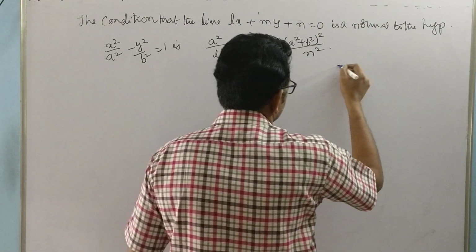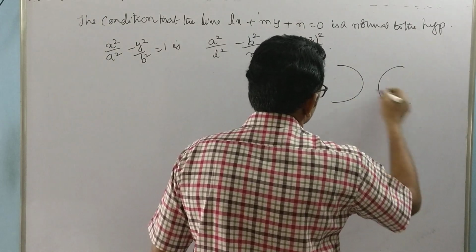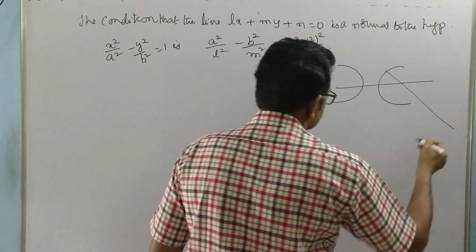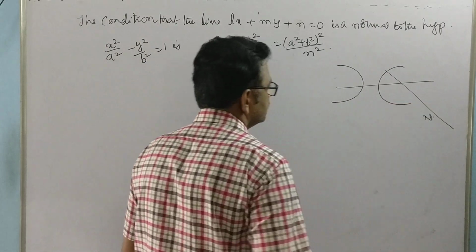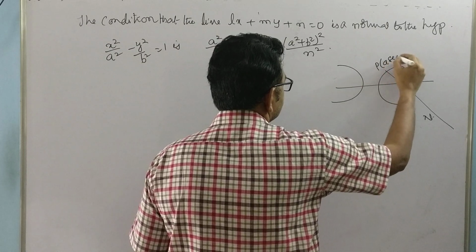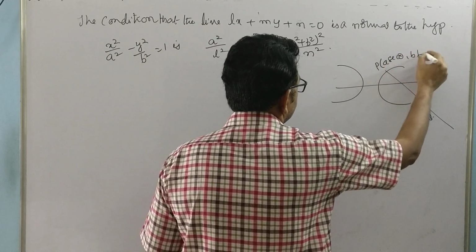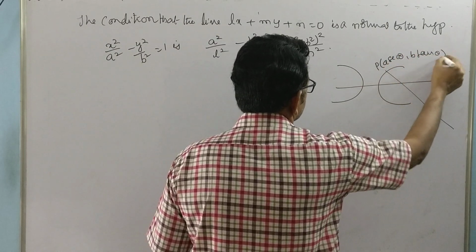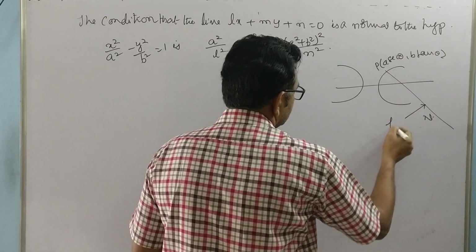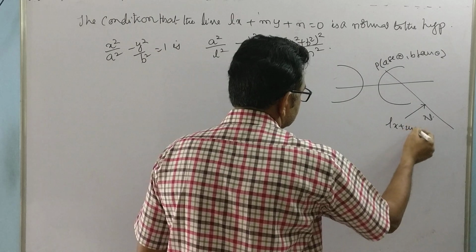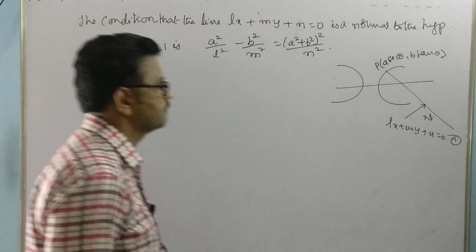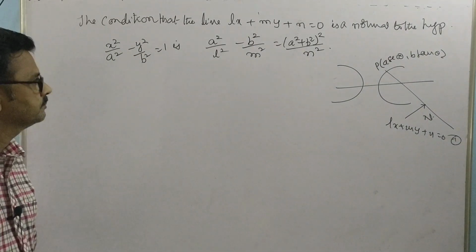So this is the hyperbola. Suppose this line Lx plus My plus N equal to 0 is a normal.